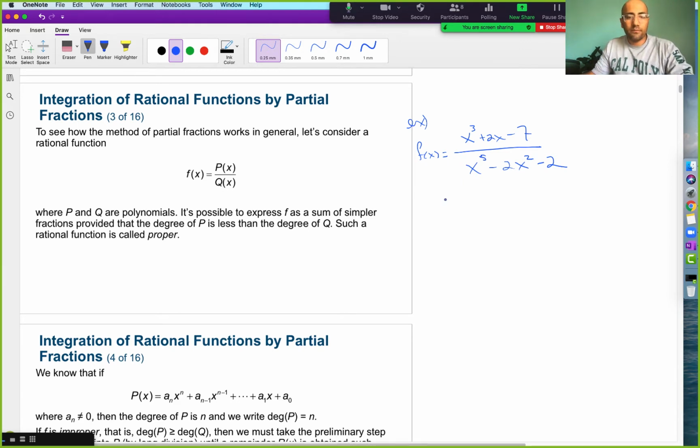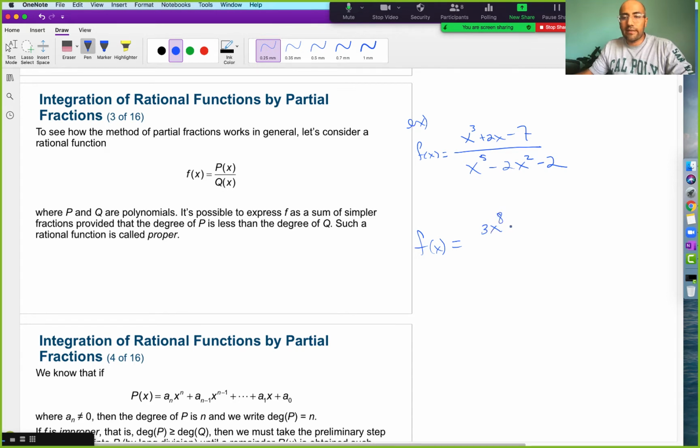Good? Okay, so that's what this is saying, identifying what a proper fraction is. An improper fraction, an improper rational function, would be an example where the degree of the numerator is bigger.